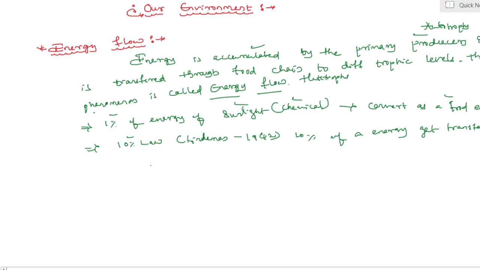Yes, my dear students. In 8th as well as 9th standard, we already discussed what? Totally 10% of useful energy gets transferred from one energy level to another energy level. Example: sunlight, producer, producer to herbivore, herbivores to carnivore, and carnivores to top carnivores.